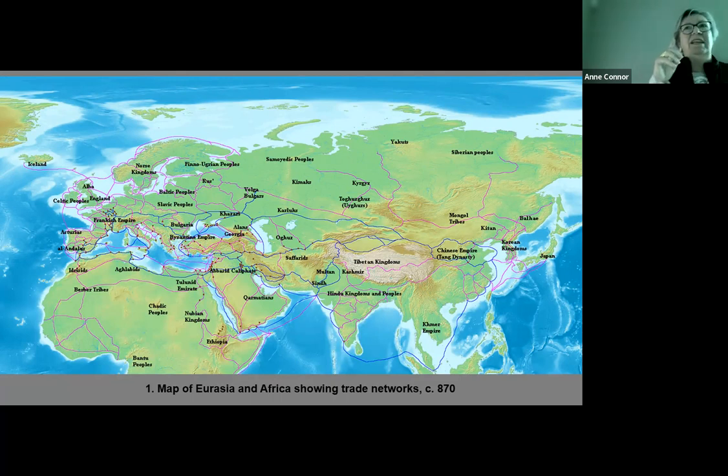This is already in 870, to show you how incredibly widespread these trading routes were. A lot of exchange, and this is discovered every single year when they do some diggings. They find, for example, in England, some coins that go back to China and so on. So that is the proof that there were, in a sense, regular contacts between these faraway cultures.